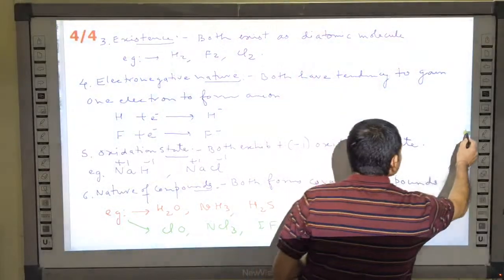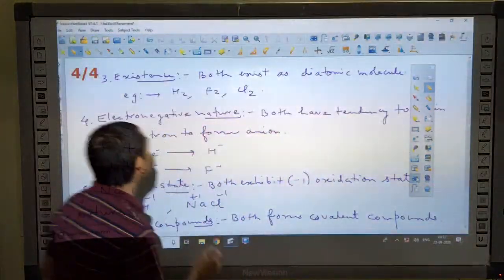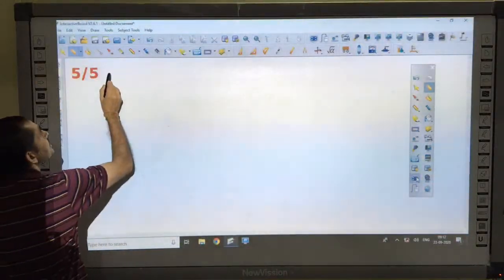Now what about the position of hydrogen in the periodic table? Conclusion.